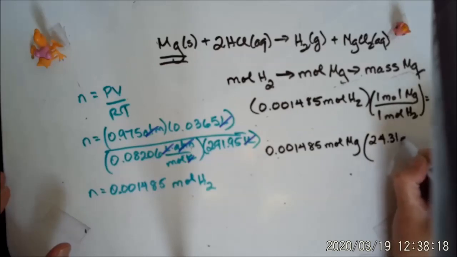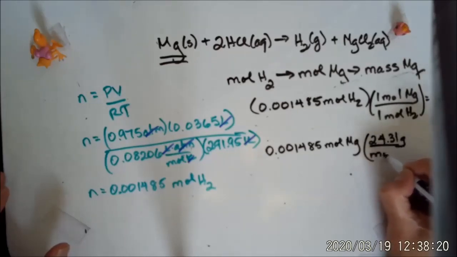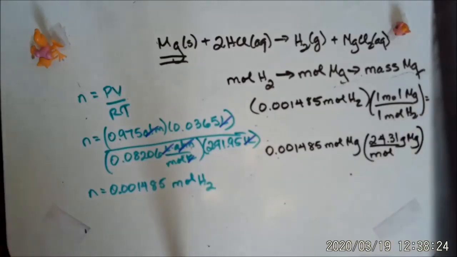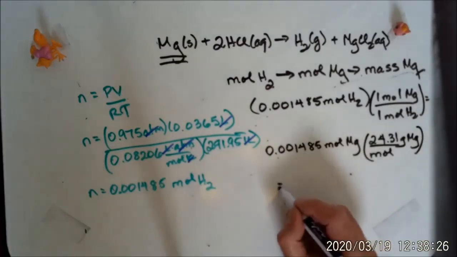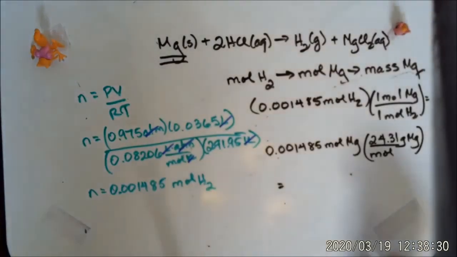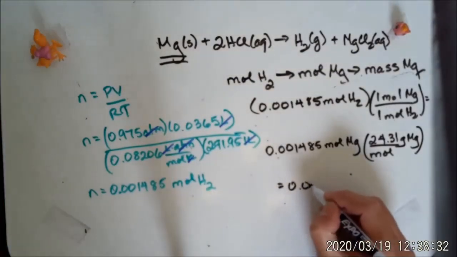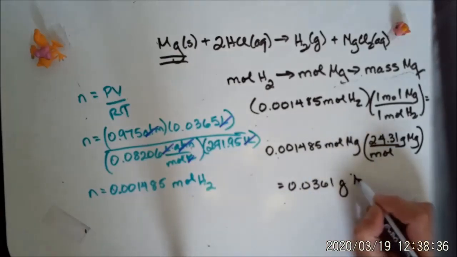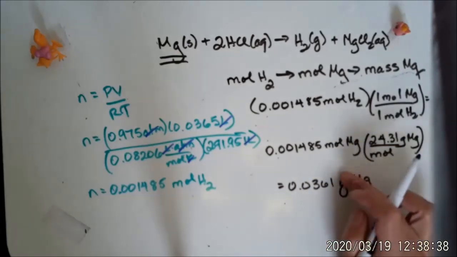The molar mass of magnesium is what? 24.31 grams for every 1 mole of magnesium. Okay, so what we get is 0.0361 grams of solid magnesium.